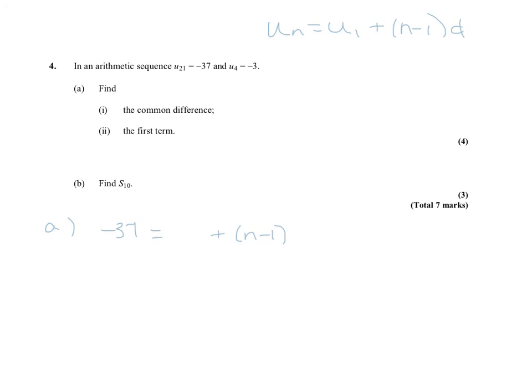U sub 1 we still don't know, and n is 21. Sorry about that. The things we don't know are the first term and the common difference. Then we set up a second equation, same idea, where n is 4 and u sub 4 is negative 3.